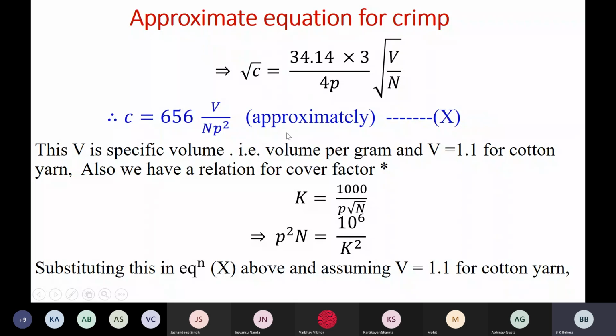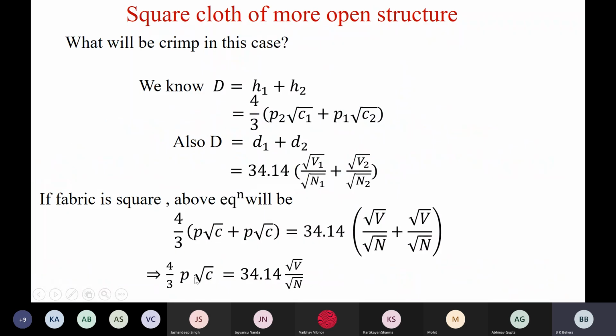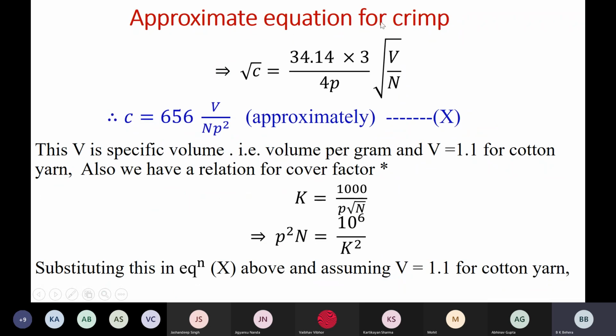I've not done anything, just root C taken one side, rest of the things other side. So root C becomes this. V is there, N is there, P is there. And approximately, if you square both sides, C will equal 656 V N P square.